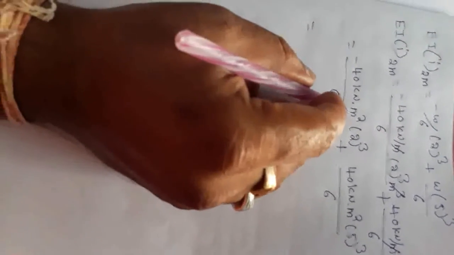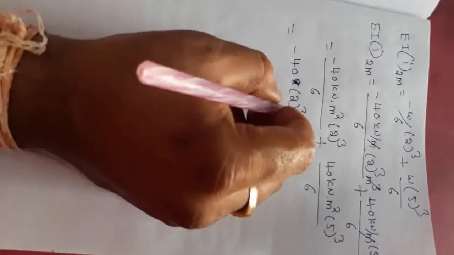After cancelling these units, the solution is minus 40 kilonewton into meter square, that is 2 cube by 6, plus 40 kilonewton into meter square into 5 cube by 6. It is required to change units from meter to mm.